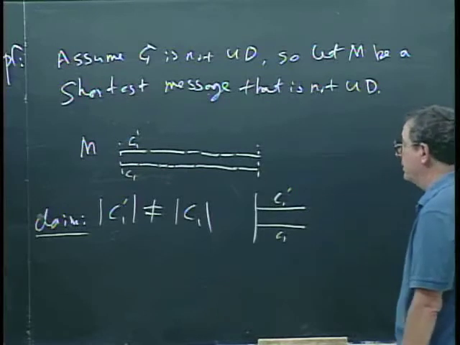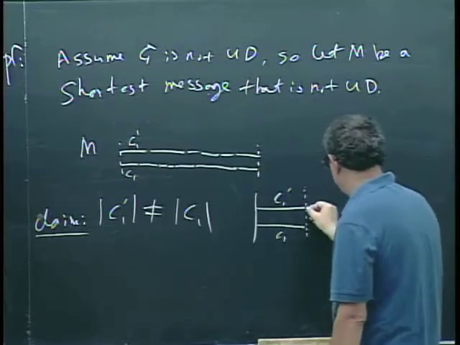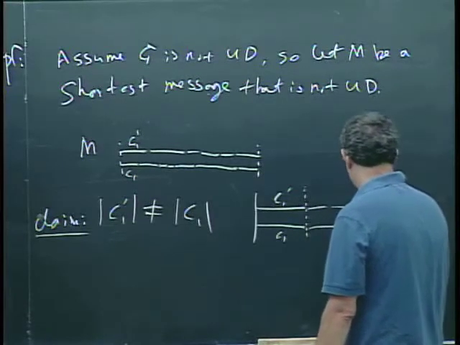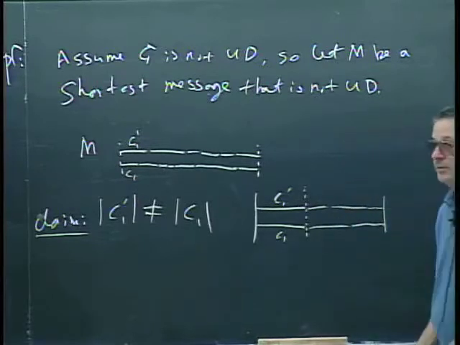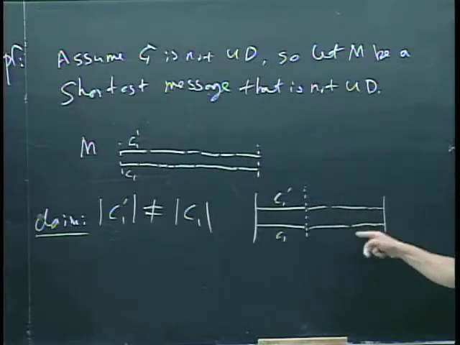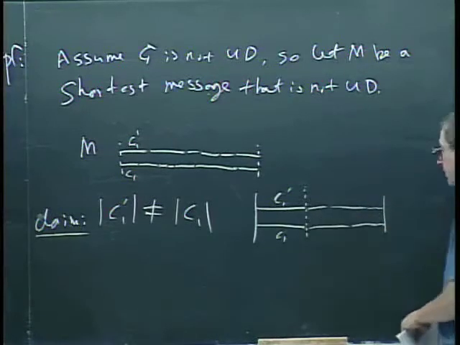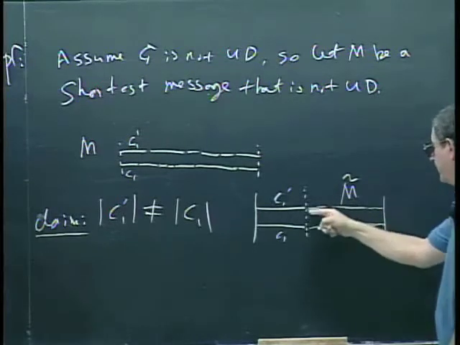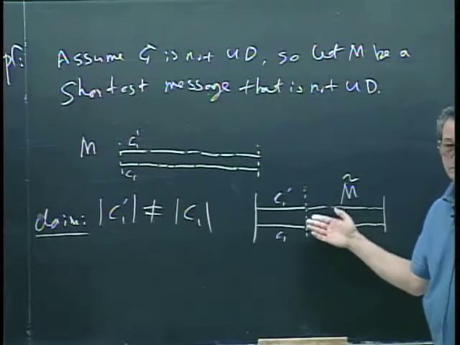Now, if they're identical, that means that if you look from this portion onward in the two parses, they both ultimately spell out the remainder of M, which means that these two parses of whatever this message is, let's call it M tilde. Well, this is a message, by the way. What these two spell out is a concatenation of code words from the code, right?